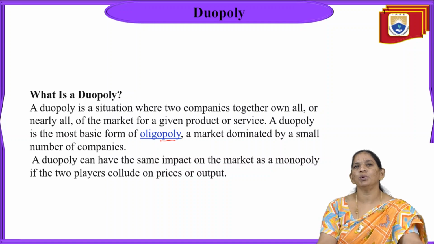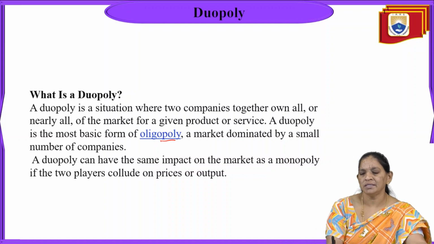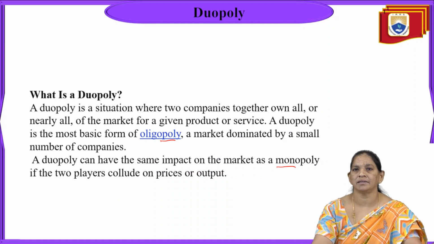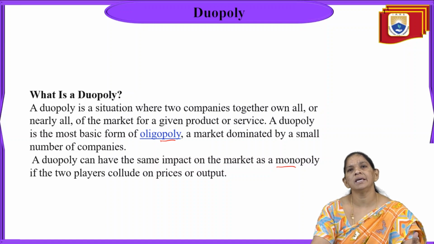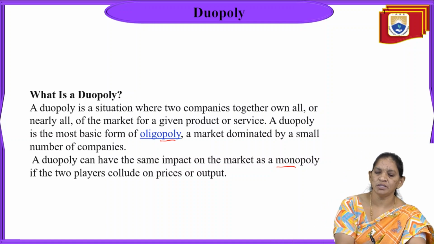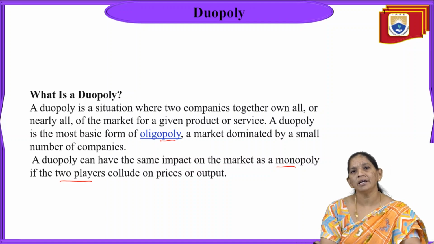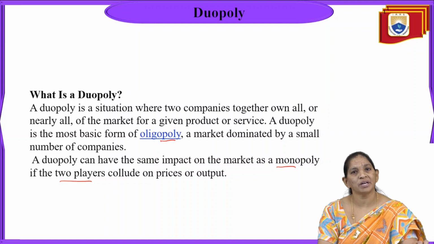In duopoly, we can see the impact of monopoly, meaning how the single seller dominates the market. In the same way in duopoly, there are two players, two large companies, who may collude on price or output, or compete on the price of the goods or the output.